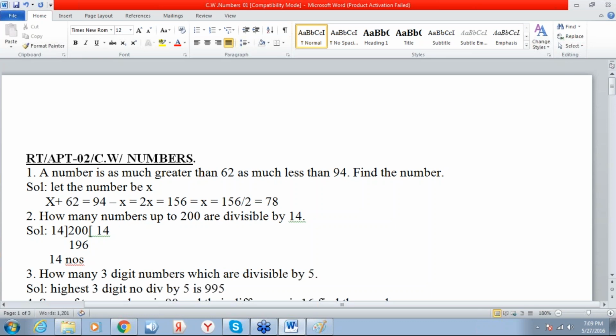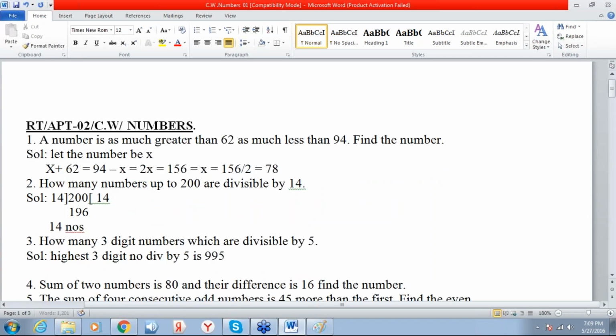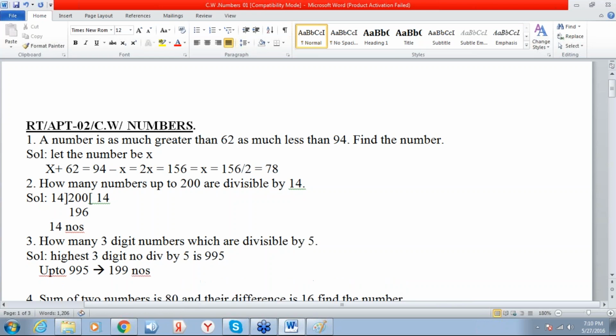So 995. Up to 995, how many numbers are divisible? 199 numbers. But here they are asking only three-digit numbers.